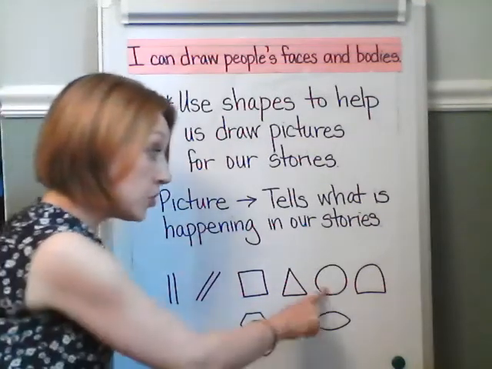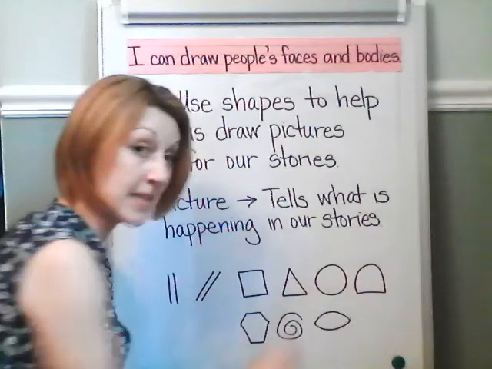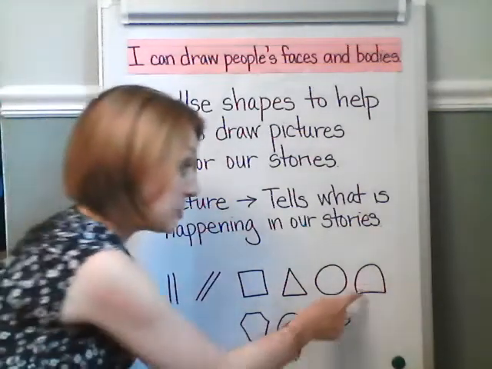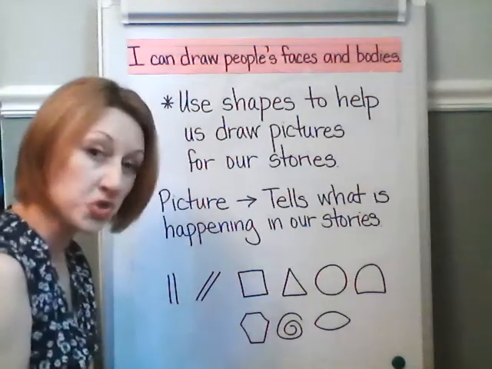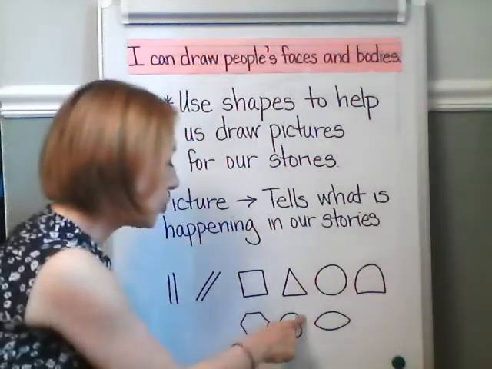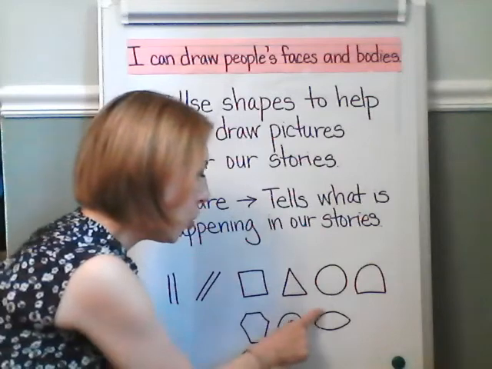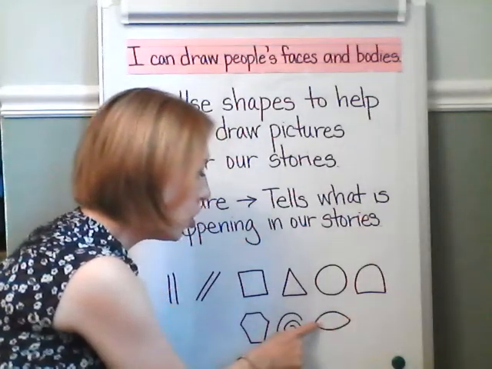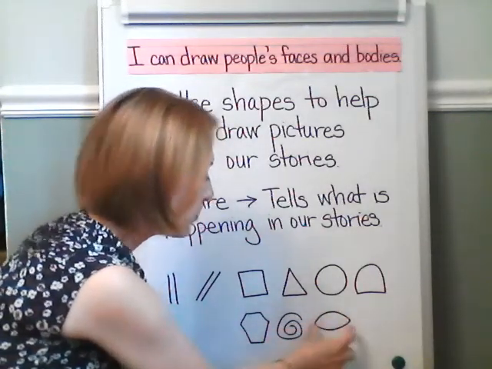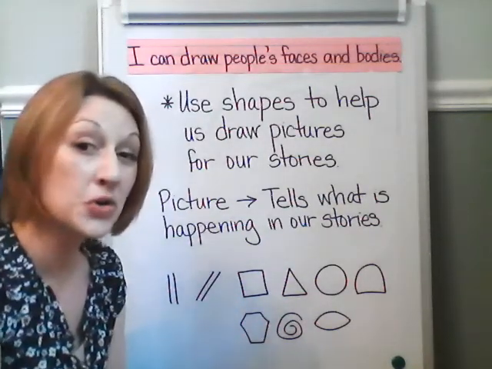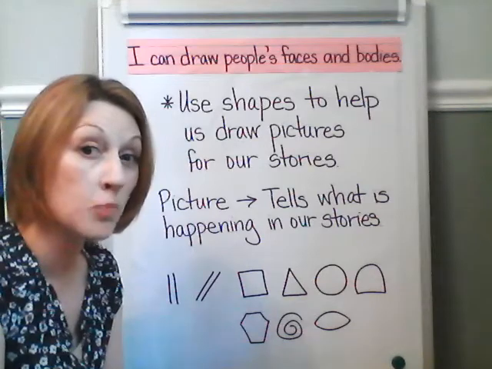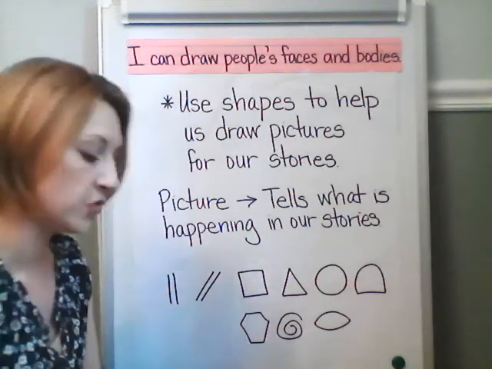You may also use a circle or a semicircle. A semicircle is a circle cut in half. You could use a trapezoid. You could use a curved line, or you could use an oval, which almost looks like a football shape. So, you can use shapes to help you when you are drawing people's faces and bodies.